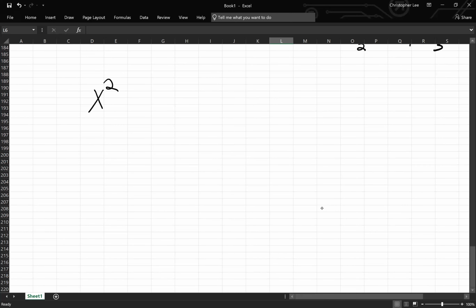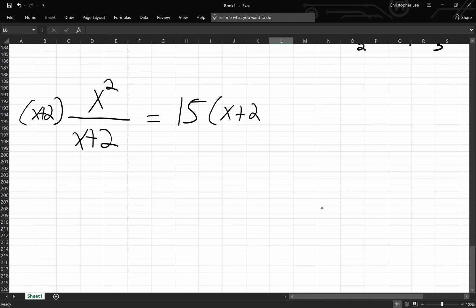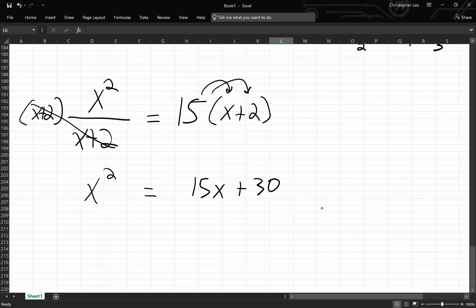X squared over x plus 2. All right, so multiply by the denominator, x plus 2. And what you do to one side, you do to the other, x plus 2, right? Now I have x squared is equal to, distribute this, 15x plus 30.